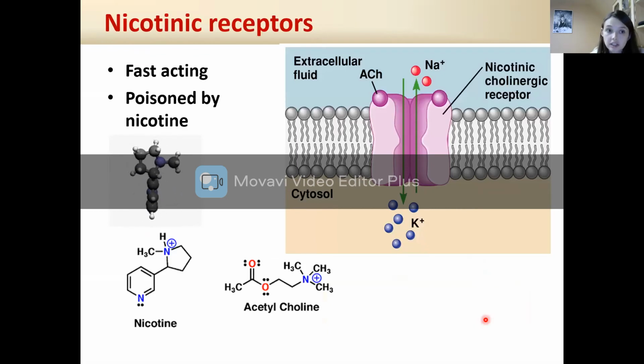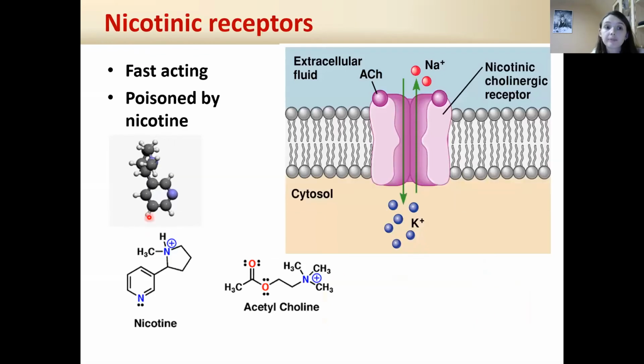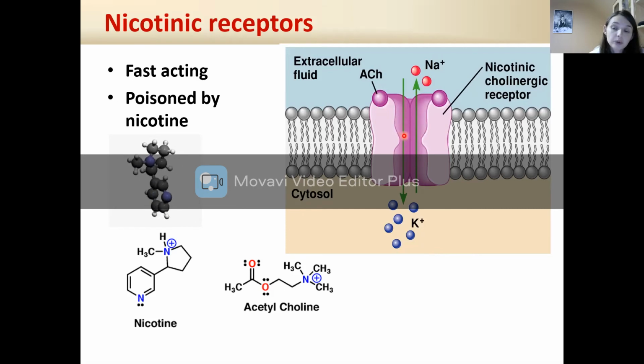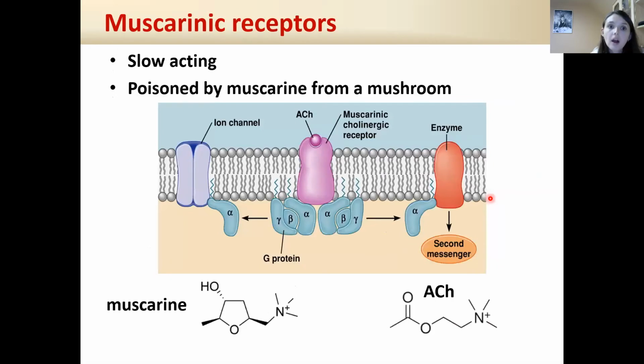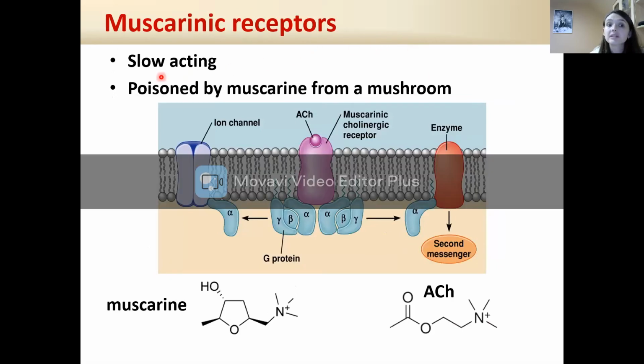Acetylcholine will bind to the nicotinic receptors, and as a result will directly open the ion channel and produce depolarization of the postsynaptic membrane, which means sodium enters, producing an excitatory effect, which will lead to depolarization and transmission of the action potential through the nerve cell. Muscarinic receptors mainly have slow action.